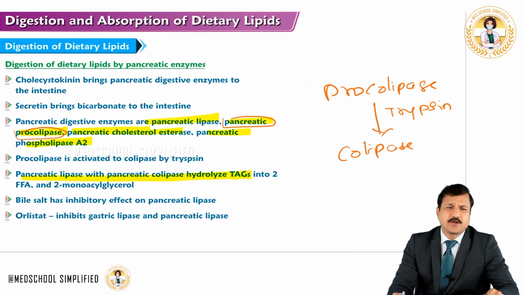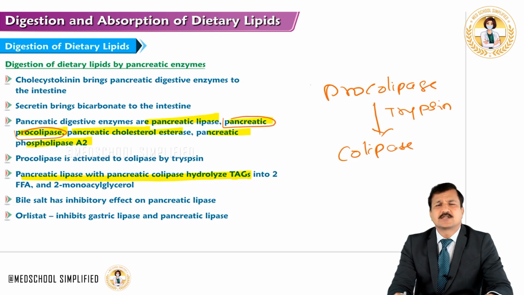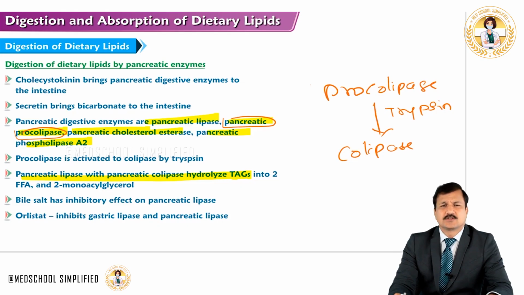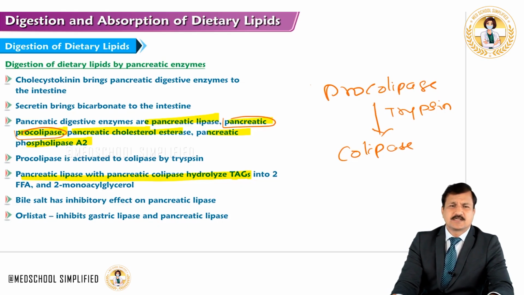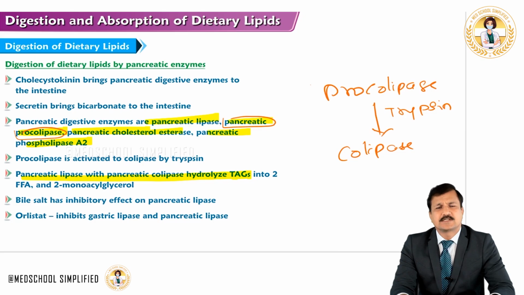The only specificity is that it can only work on the first and third carbon attached fatty acids in a glycerol molecule, but not the second carbon. So the second carbon fatty acid is not released by pancreatic lipase. That is why we get 2 free fatty acids and 1 molecule of 2-monoacylglycerol upon the action of pancreatic lipase along with the colipase.